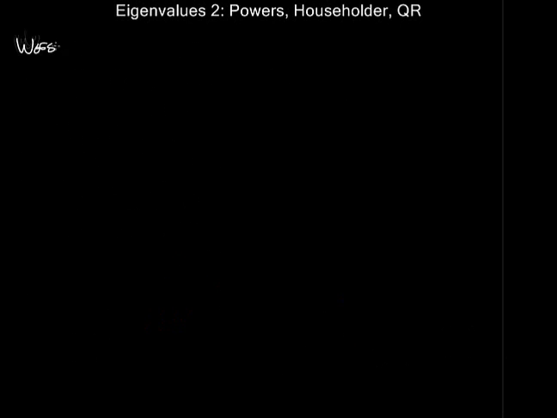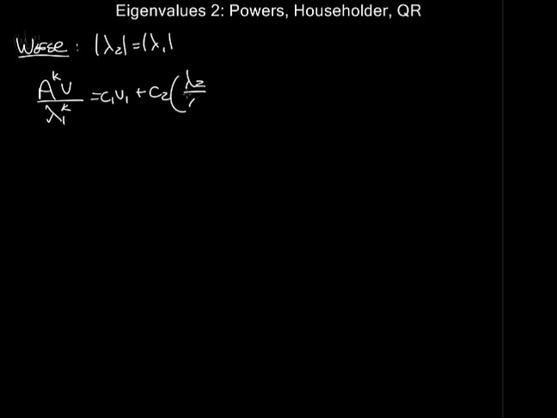Now what's even worse than that is if, for example, you had two eigenvalues with the same absolute value, then when you did this, what you would get would be c1 v1 plus the second term would be lambda 2 over lambda 1 to the k times v2, and this lambda 2 over lambda 1 would have absolute value 1.